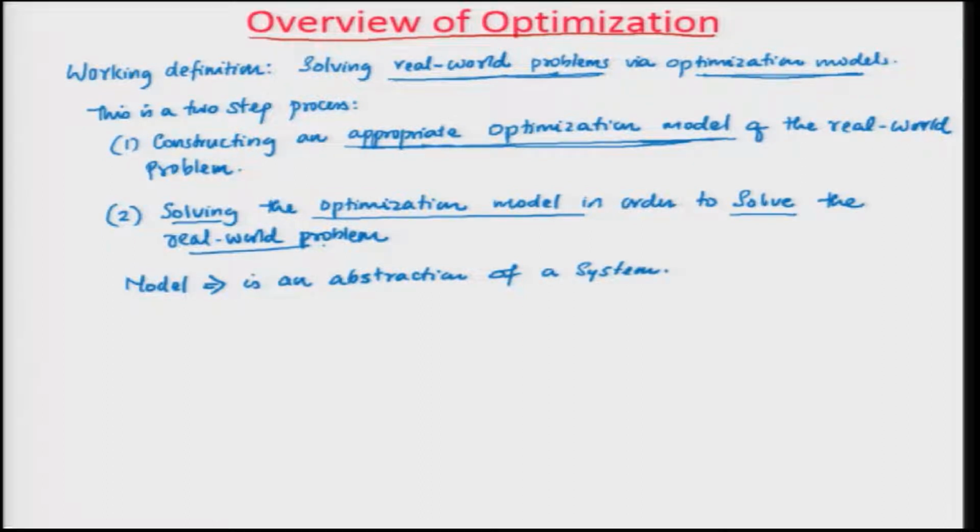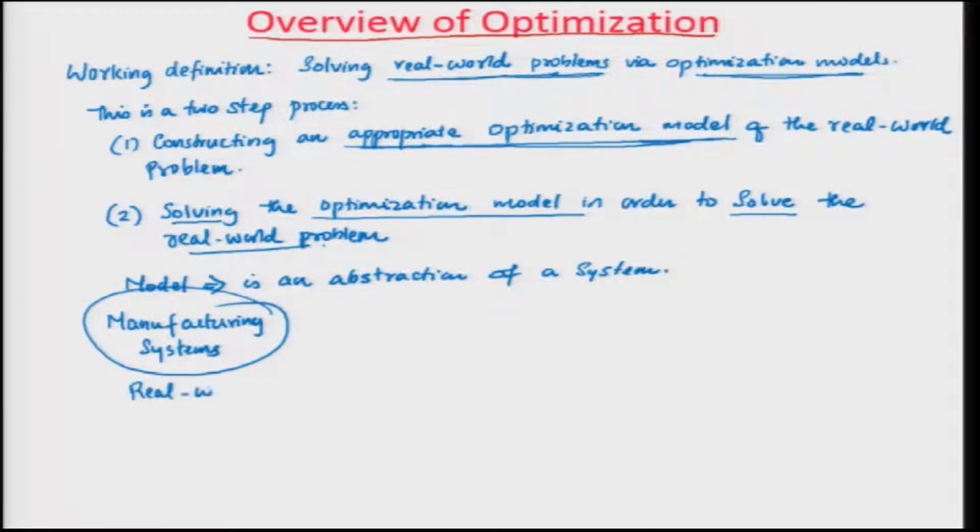In our case, we are looking at manufacturing systems, so we will be building models. This is the real world, and we go through the process of abstraction and create relevant models.